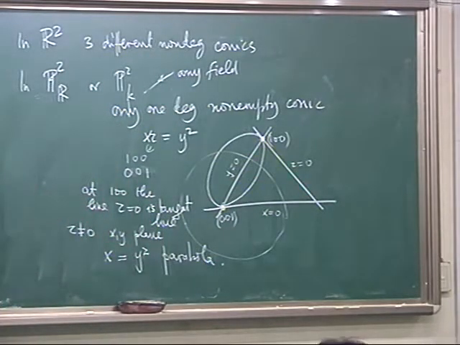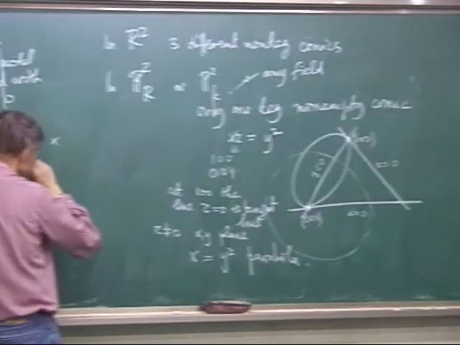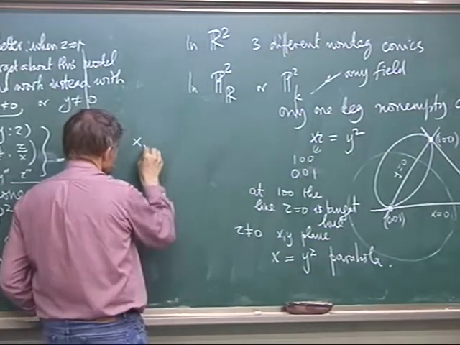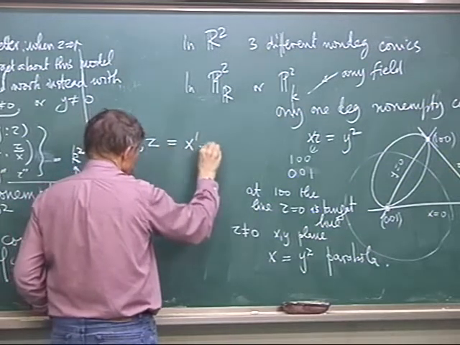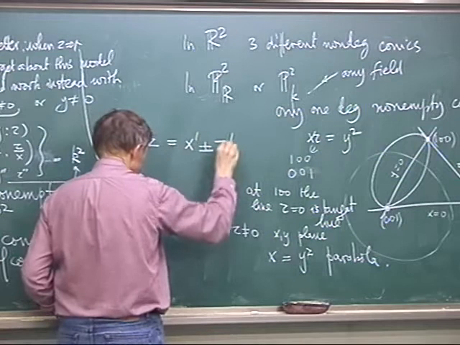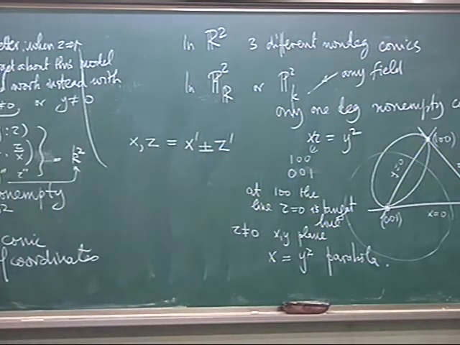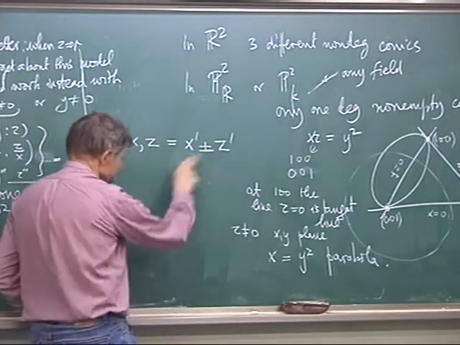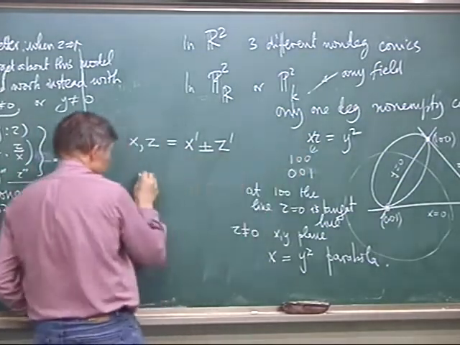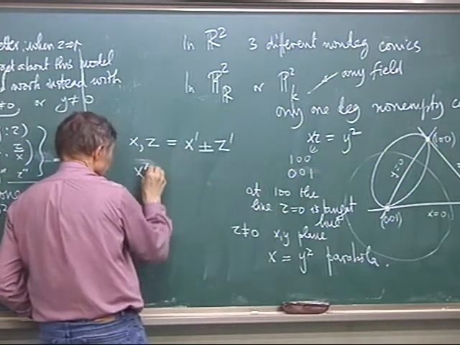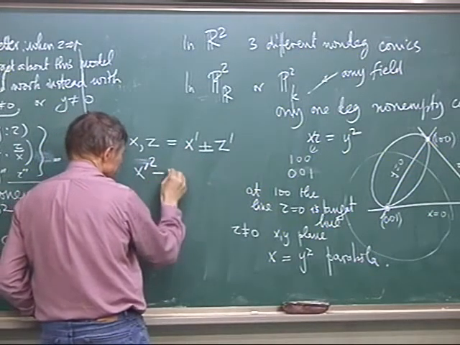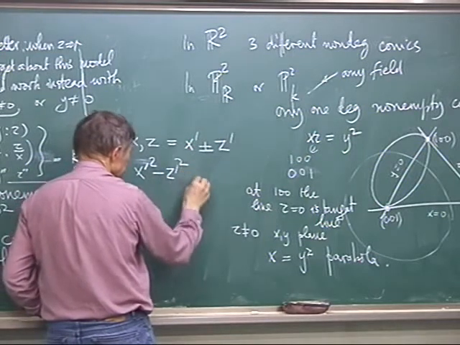If instead I choose coordinates so that x and z are x primed plus or minus z primed, then this equation becomes x primed squared minus z primed squared equals y squared.